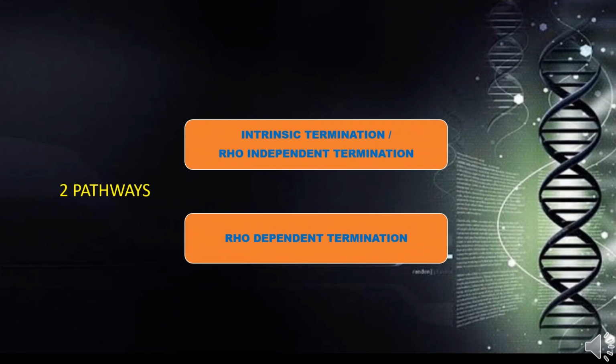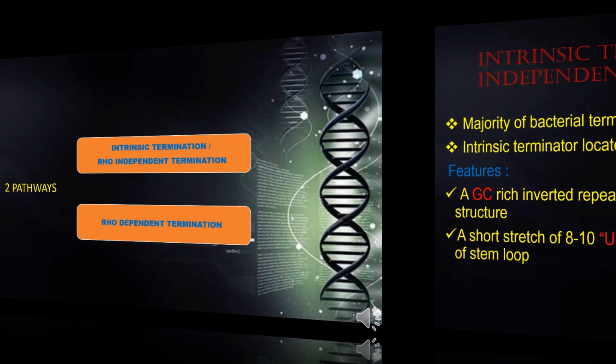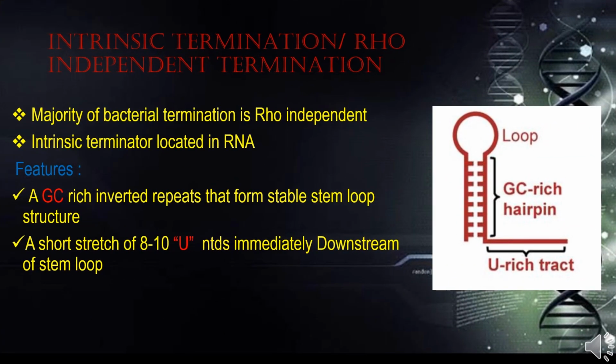Termination includes two pathways. One is rho independent termination, otherwise known as intrinsic termination, and the other one is rho dependent termination. Intrinsic termination or rho independent termination. As the name indicates, there is no rho factor. The majority of bacterial termination is rho independent. The intrinsic terminator is located within the RNA.